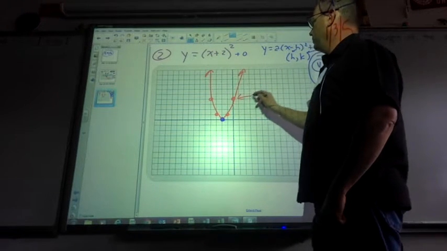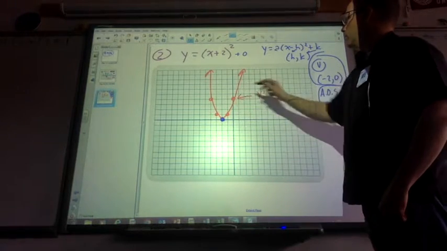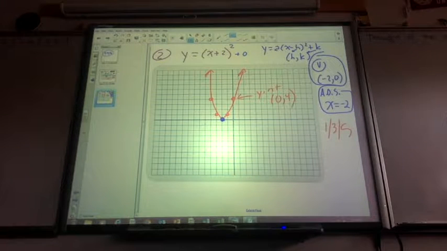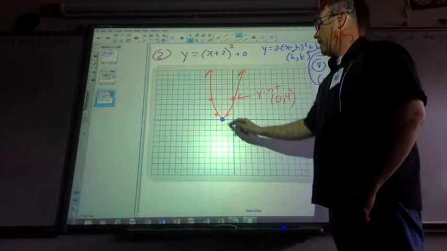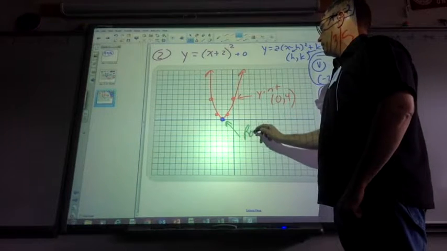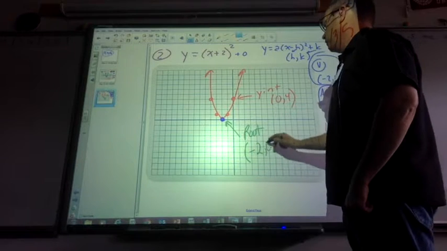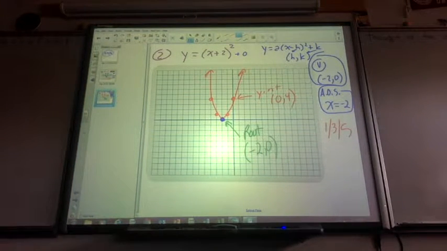Okay, so that happens to be my y-intercept, which is 0, comma 4. Agree? Okay. Roots, what do you know? No, it's at the vertex. The vertex and the roots happen to be the same. So I only have one root. My root happens to be negative 2, comma 0, which in this case happens to be the exact same thing as my vertex. Okay, so sometimes that might happen.